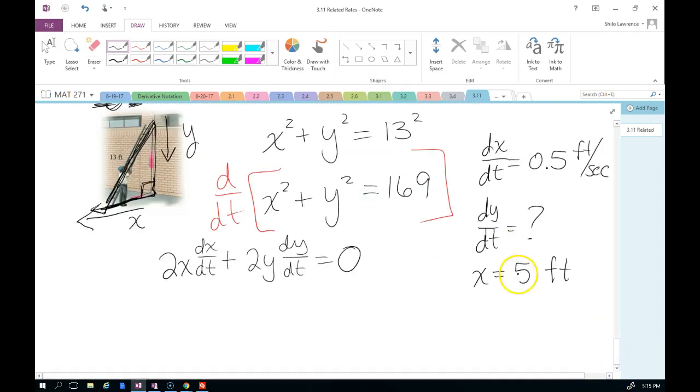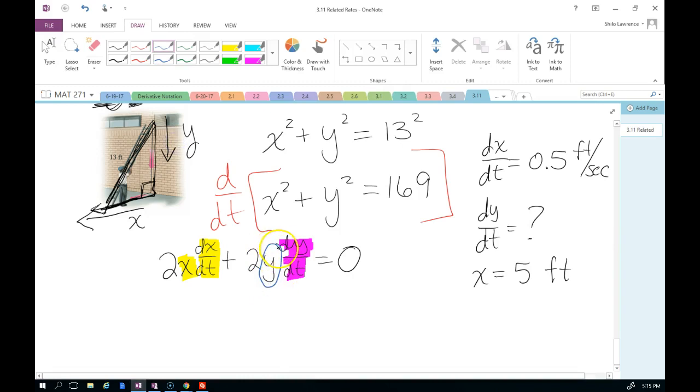And then if you look back at the information that we have, we know dx dt, we know x, we want to find dy dt, we don't know y.